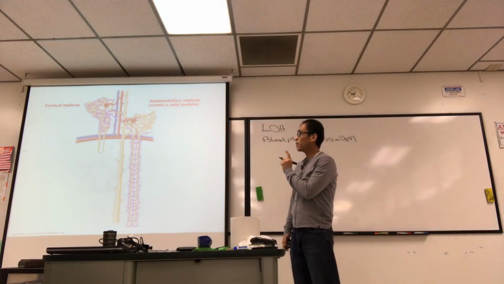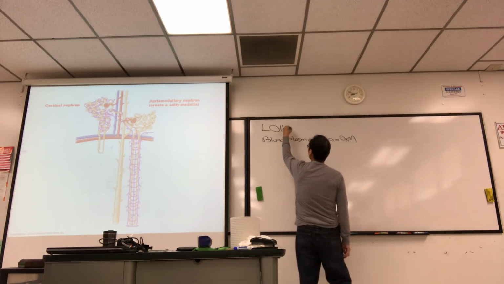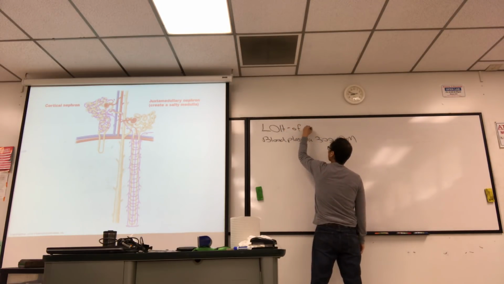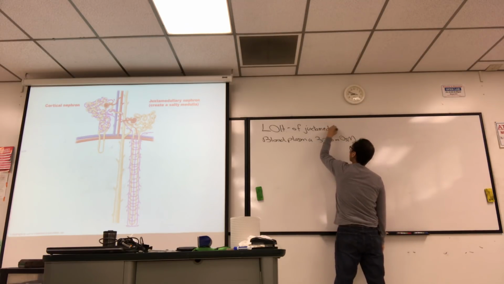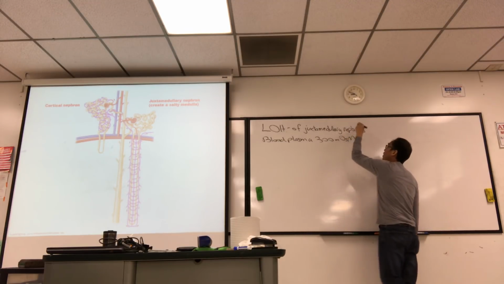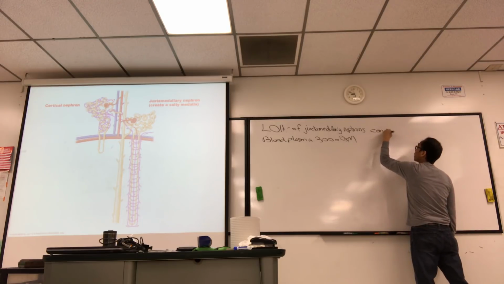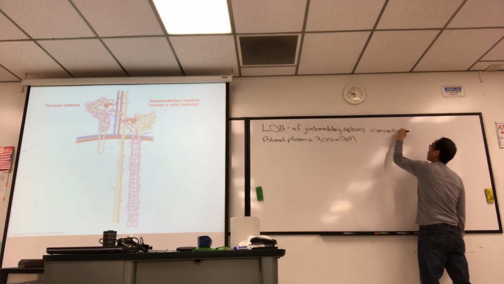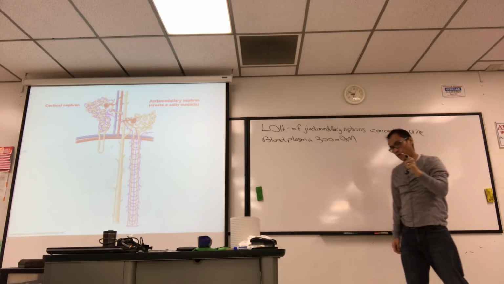And so the loops of Henle we're talking about are the ones with the juxtamedullary nephrons that concentrate the urine.